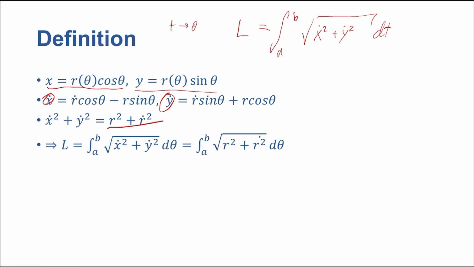So thus, we can equate these two expressions so that we can get the length of a polar curve is equal to the integral between a and b of the square root of r squared plus r dot squared. So r dot is obviously the derivative with respect to theta.